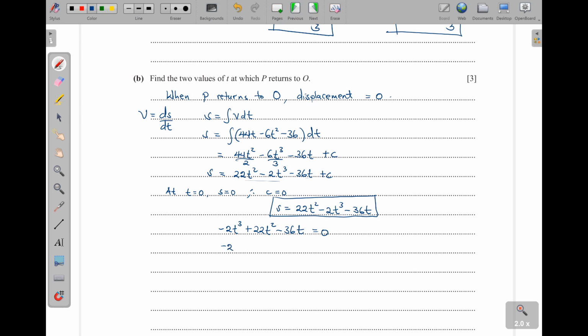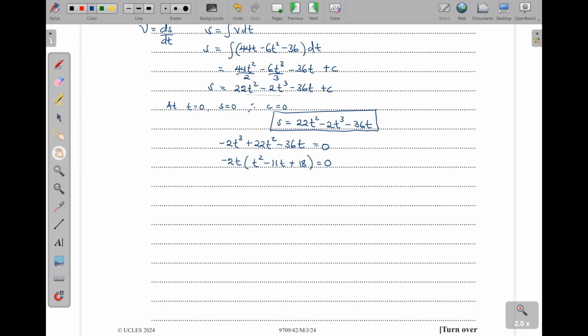I can factorize out the negative 2t, since t is common everywhere. So here we shall get t squared, minus 11t, and then plus 18, which is equal to 0.